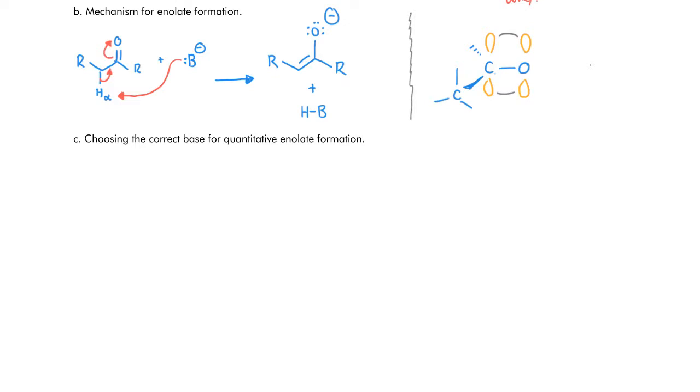Now what we're going to look at is what happens when the base comes in. The first thing we want to think about is that the sigma bond between the alpha carbon and the carbonyl carbon can rotate.